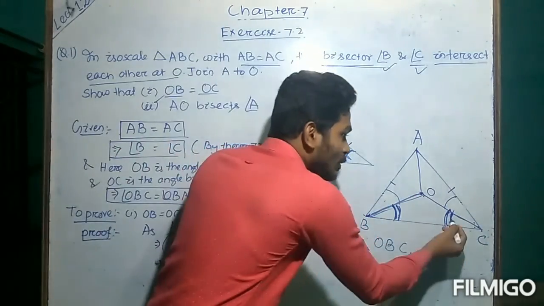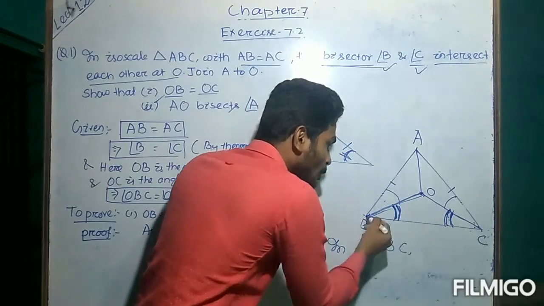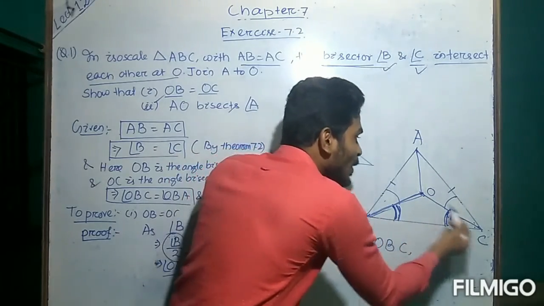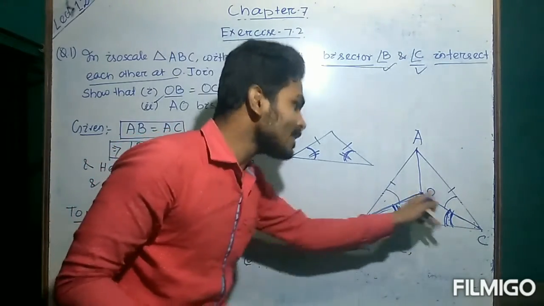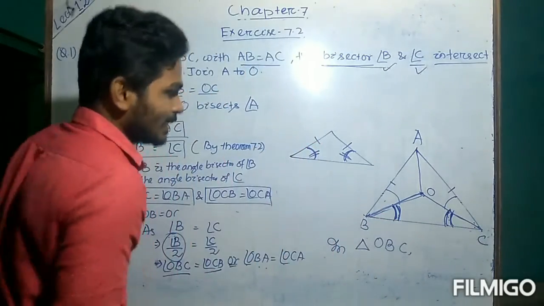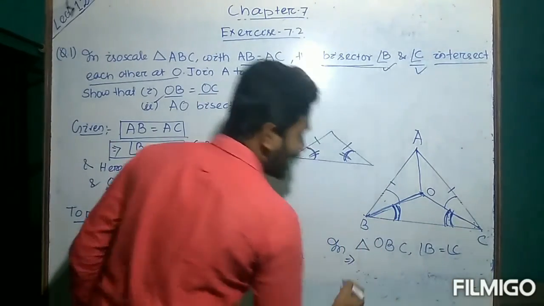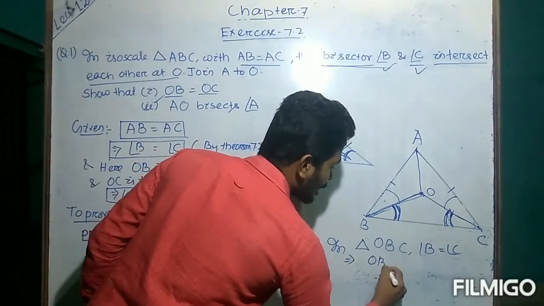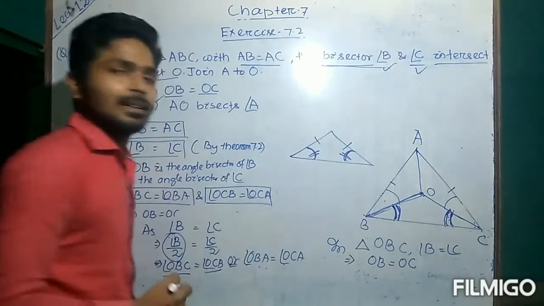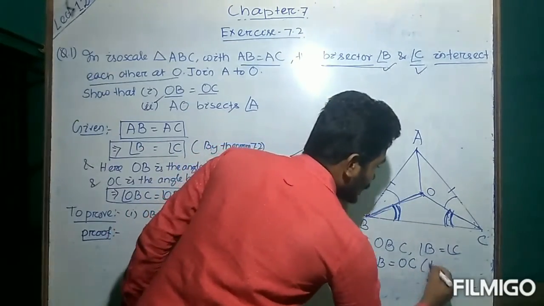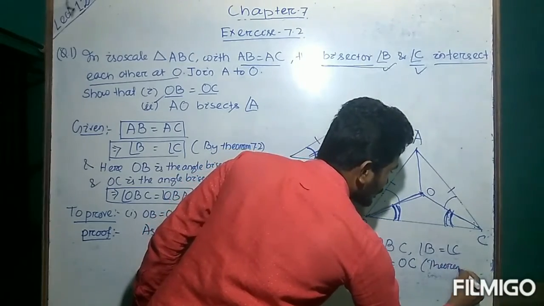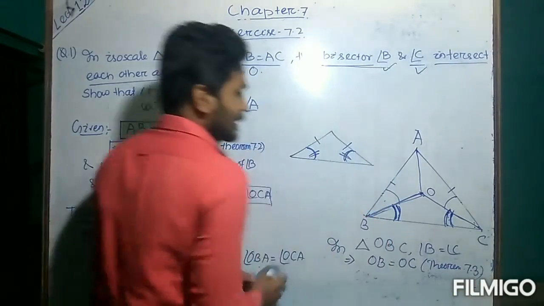So, can we write the opposite side of this angle is OB and the opposite side of this angle is OC? So, can we write OB is equal to OC? Yes, we can write. So, we can write OB is equal to OC, due to theorem 7.3. This is now clear.